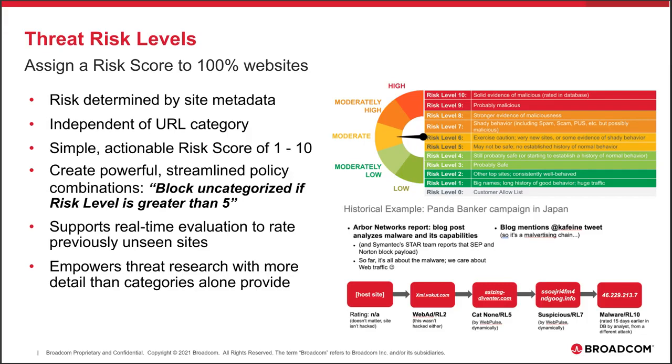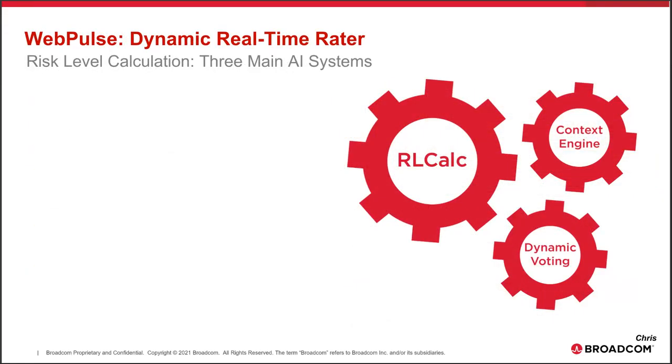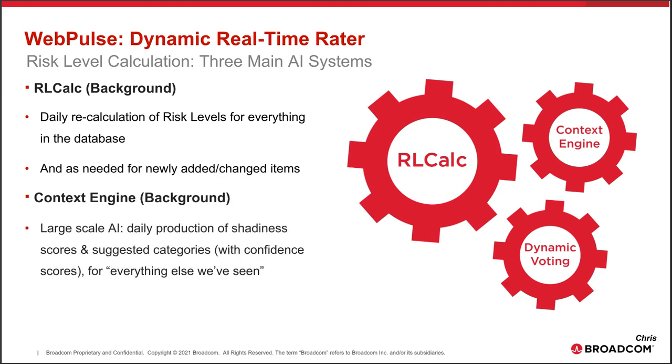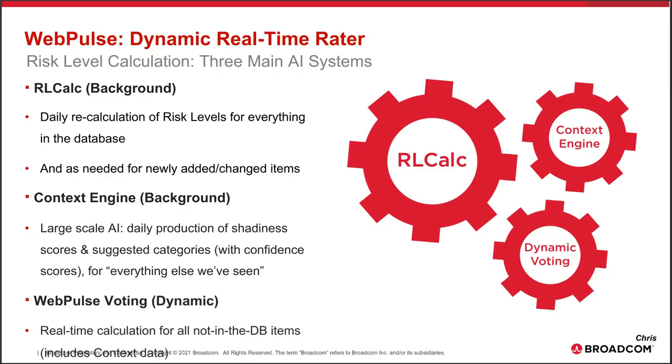So moving on in the slides, the thing that powers really a lot of this is the dynamic real-time rater. Without going into too much detail because of time, this has an amazing ability powered by its 3 different AI systems. We have a background process called RL calculator.